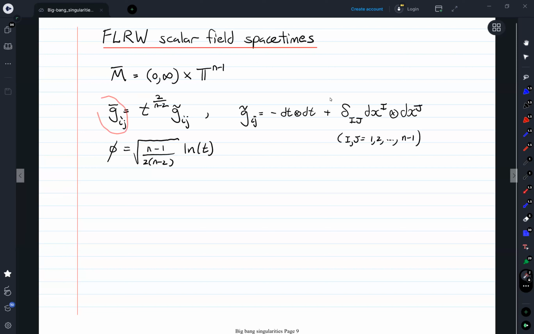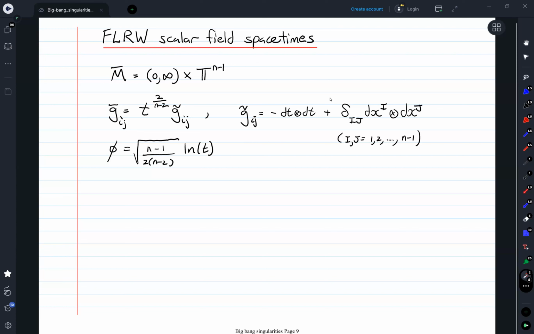Okay, we then have our physical space-time metric, and how that is constructed. Well, we get an exact formula, which is just going to be this time t, which you think of as a scalar function that lives on the space-time, but it's really just a coordinate on the interval 0 to infinity. So that's just t to some power depending on the dimension, times this metric g tilde. Now this metric g tilde is a flat metric on that space.